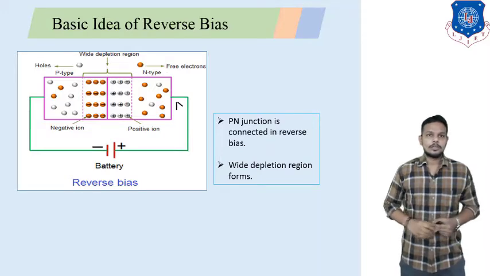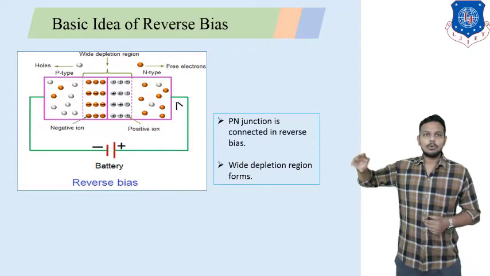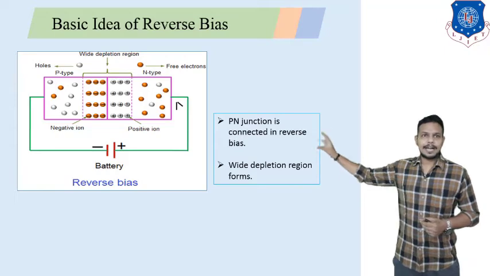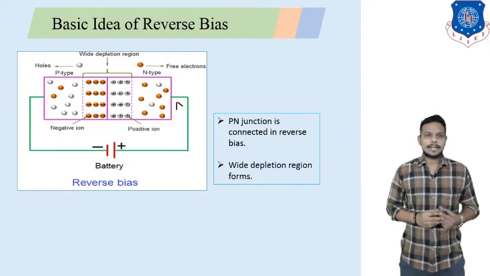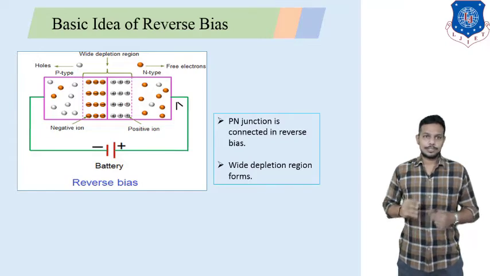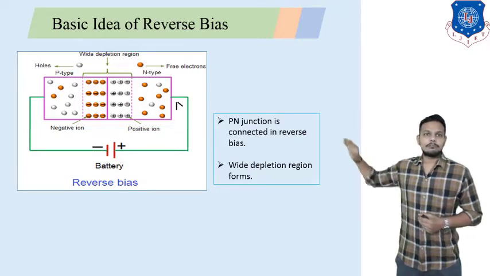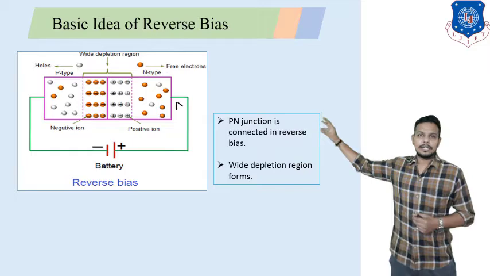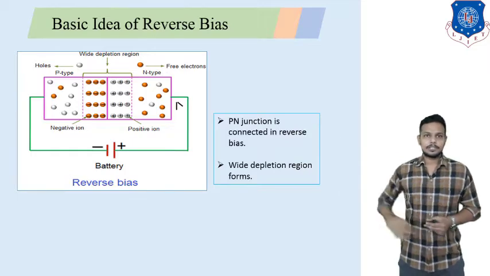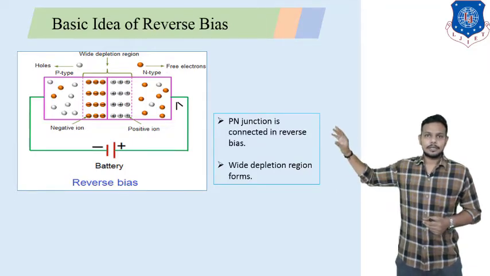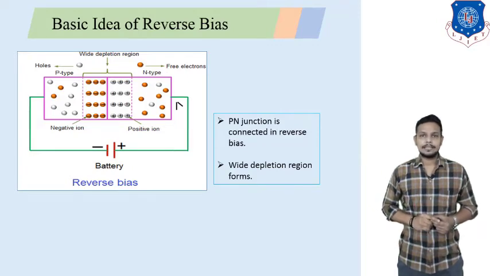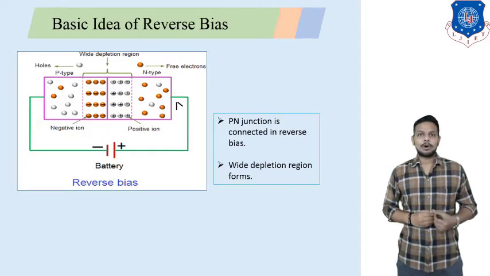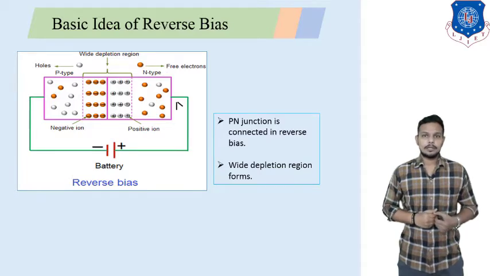Therefore, electrons move towards the battery side and holes move towards the negative side of the battery. Due to this, a wide depletion region is generated. This wide depletion region is basically the barrier potential.